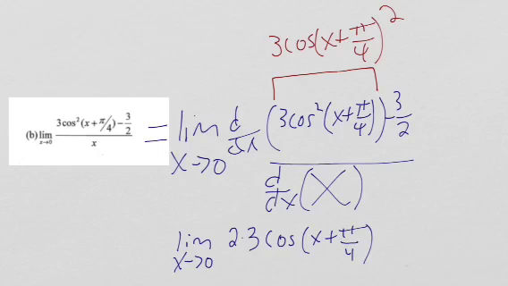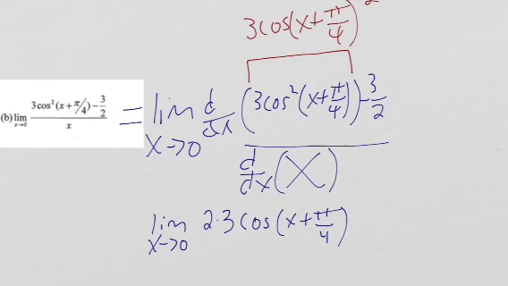So we did the derivative of the outside, the power rule, the 2 coming out front, and then we have to do the derivative of the inside, which is cosine. So we're going to get negative sine of x plus pi over 4. So now we're done with that chain rule.